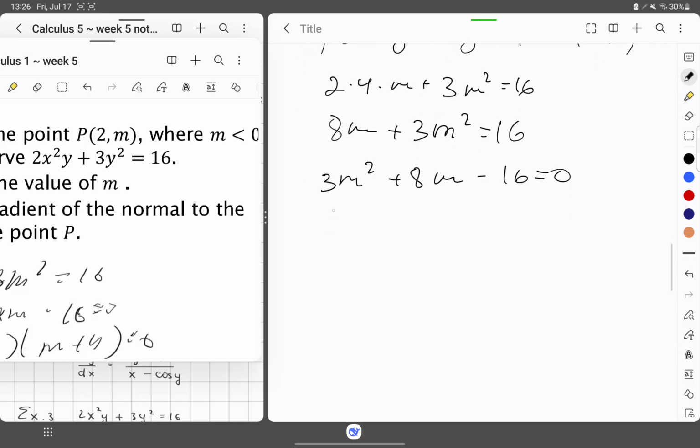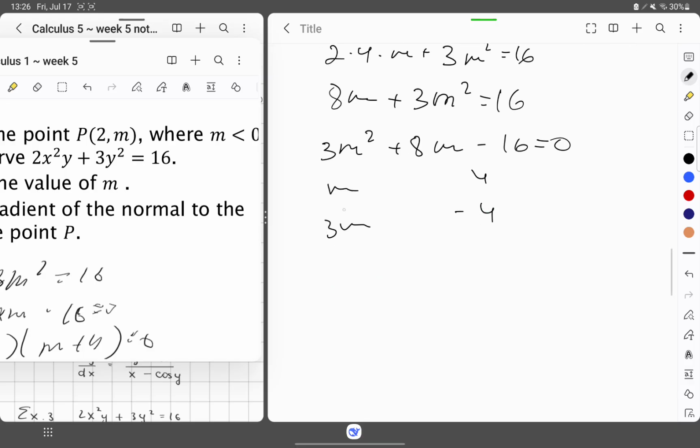So let's try to find the factors: 12 and minus 4.